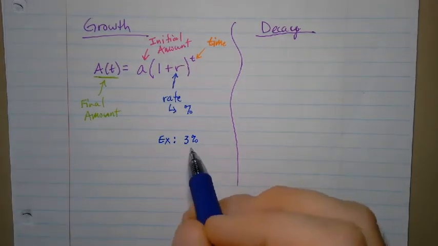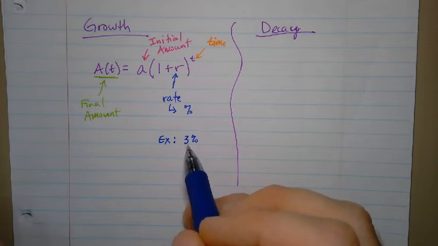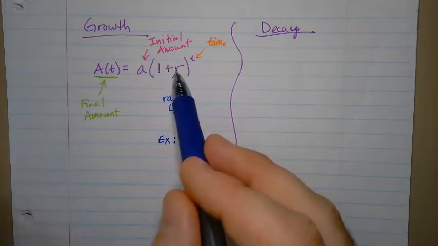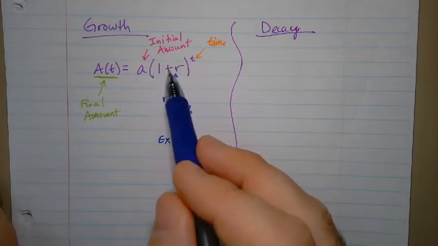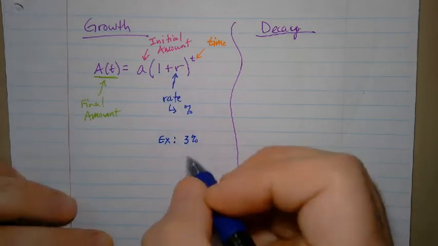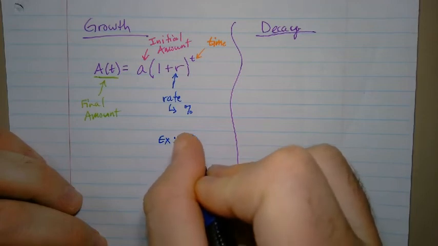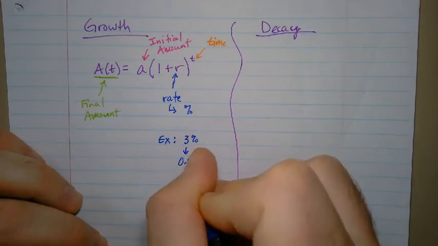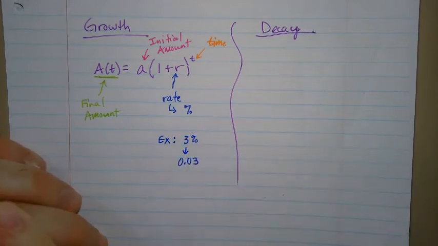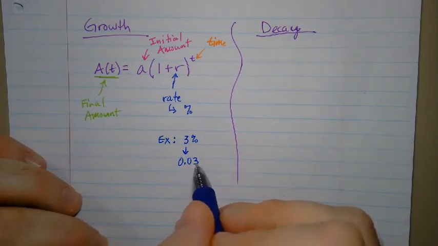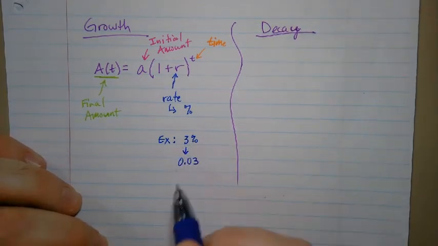Now, here's what I want to emphasize: I do not put in a 3 for r. This is not 1 plus 3 making 4. That is incorrect. We always think of percents. If we're dealing with any kind of mathematical formula or equation, you want to think of it in its decimal form. 0.03. All right, 0.03 is 3% as a decimal.